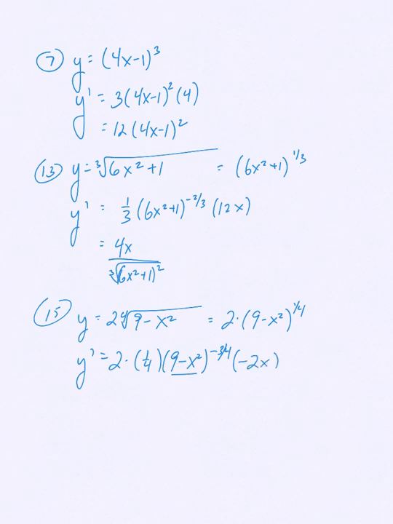We do have some cancellation here. So let's see, the 2 and the 2 with the 1/4. That's pretty nice. So we still have this negative x, and that's going to be over the 4th root of 9 minus x squared cubed.